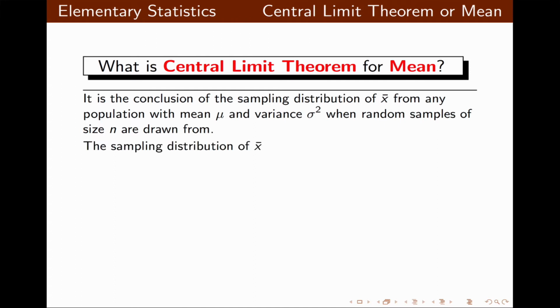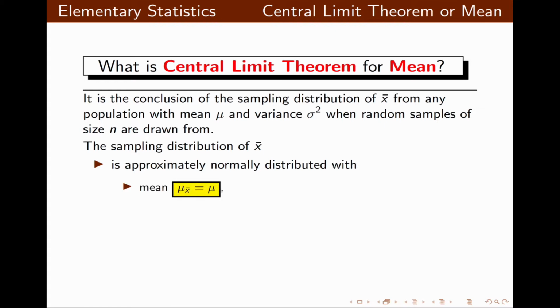The sampling distribution of x bar is approximately normally distributed with the mean to be the mean of the original population.